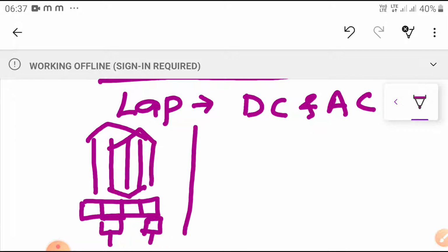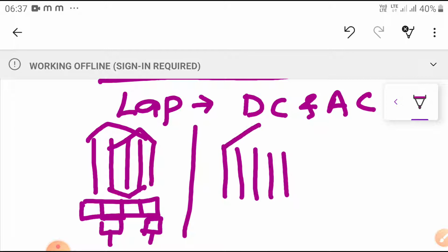But in case of AC, we are going to draw only the winding diagram. No commutator is present in AC, no brush position is required, simply draw the AC winding. So it is very easy as compared to the DC.